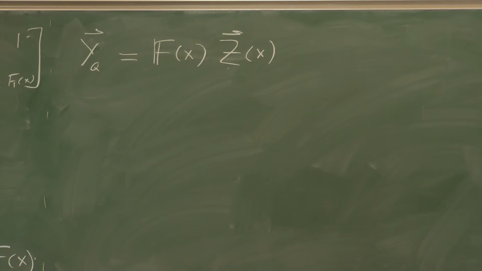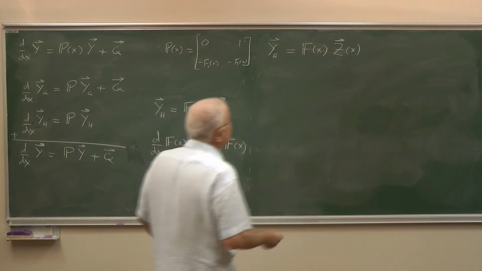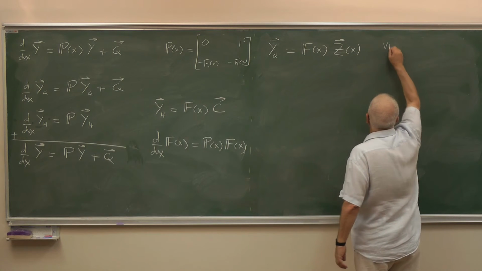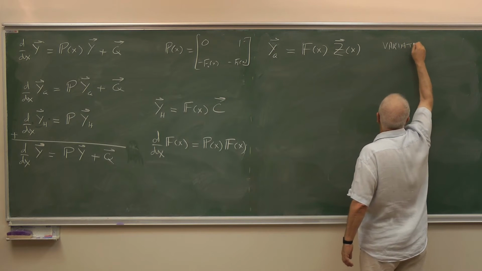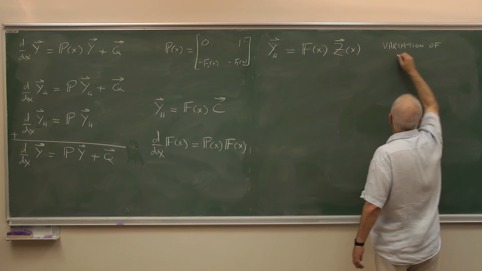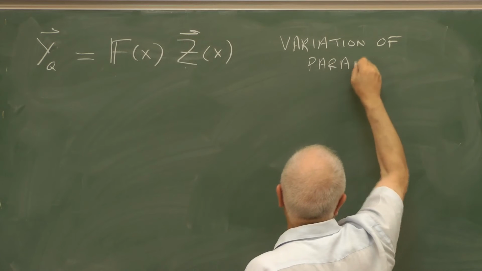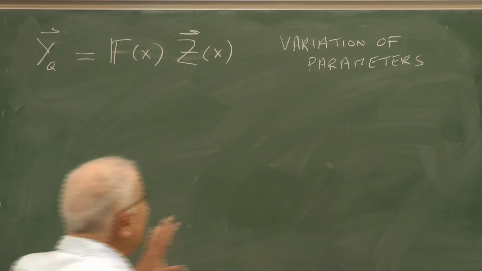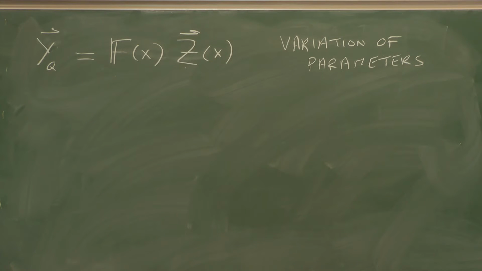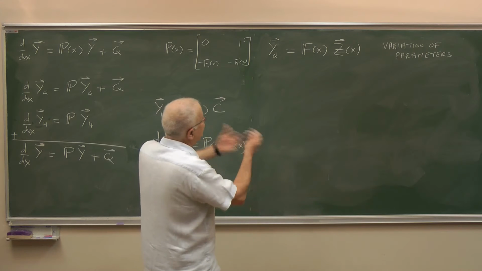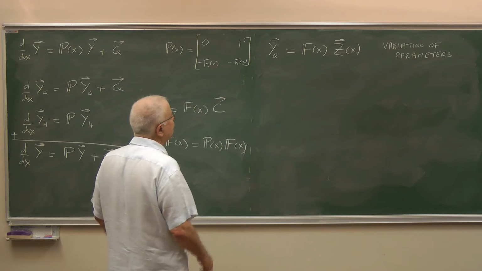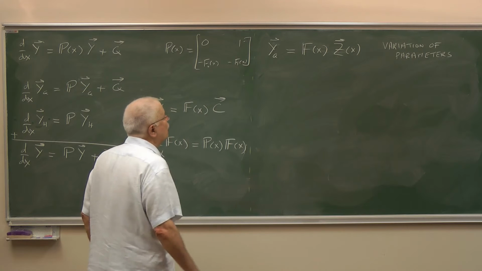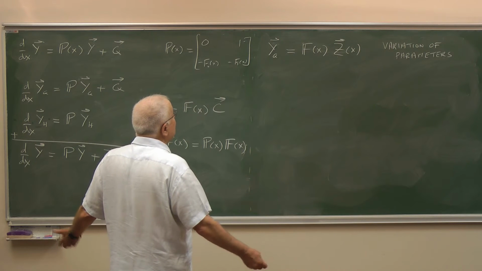Now this method is the so-called variation of parameters, which is not a great name. Actually, what we are doing is promoting a constant in the homogeneous solution to a variable vector and hoping that this will work. So how do we go about this?